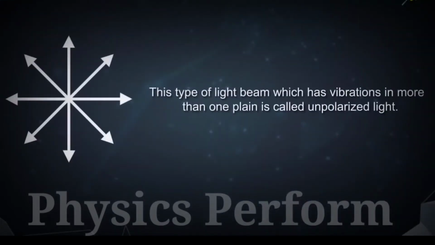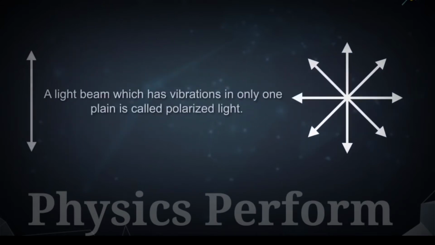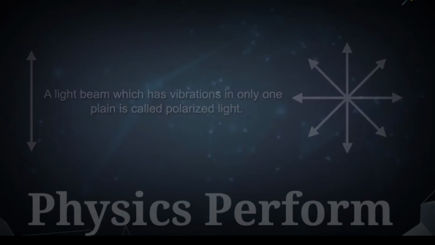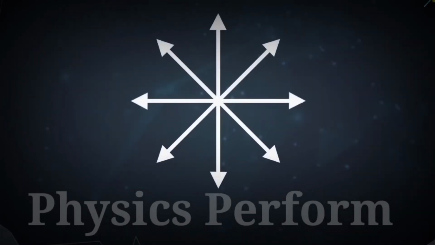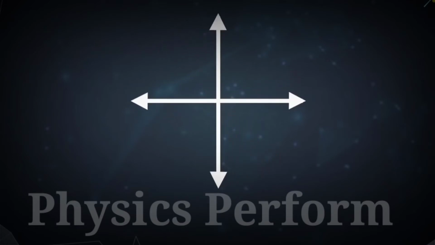This type of light beam which has vibrations in more than one plane is called unpolarized light. Similarly, a light beam which has vibrations in only one plane is called polarized light. The electric field vectors in the unpolarized light can be resolved into vertical and horizontal components.